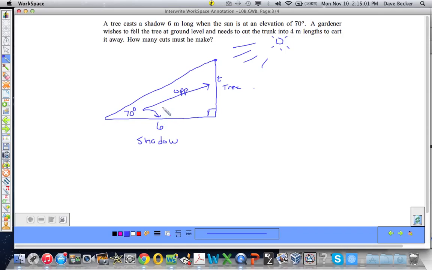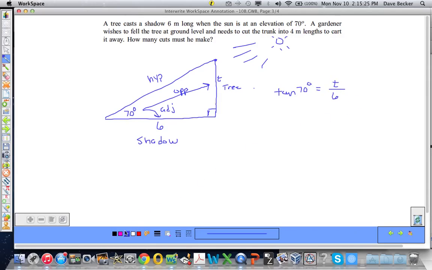And I know the adjacent side, and it's adjacent because it's next to it, but not the hypotenuse. Here's the hypotenuse. I don't need it this time, but I'll go ahead and label it anyway. So I'm using opposite and adjacent, so that means I'm going to use tangent. So the tangent of 70 degrees is equal to t over 6.